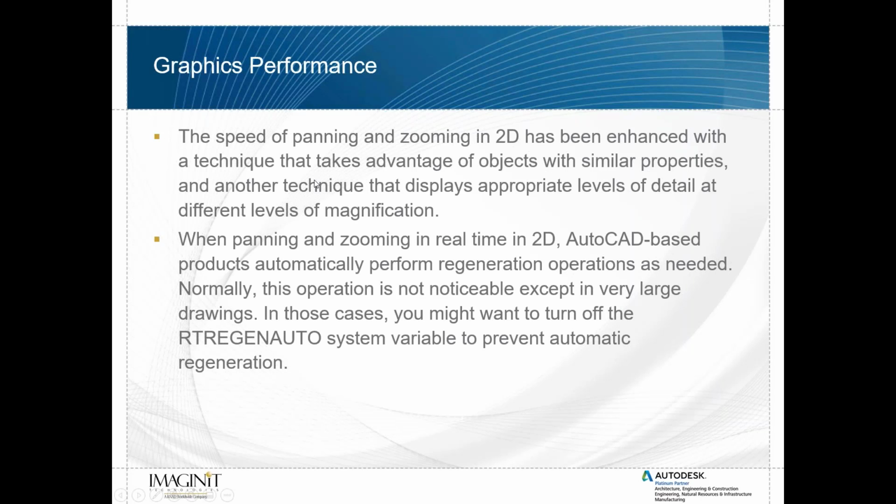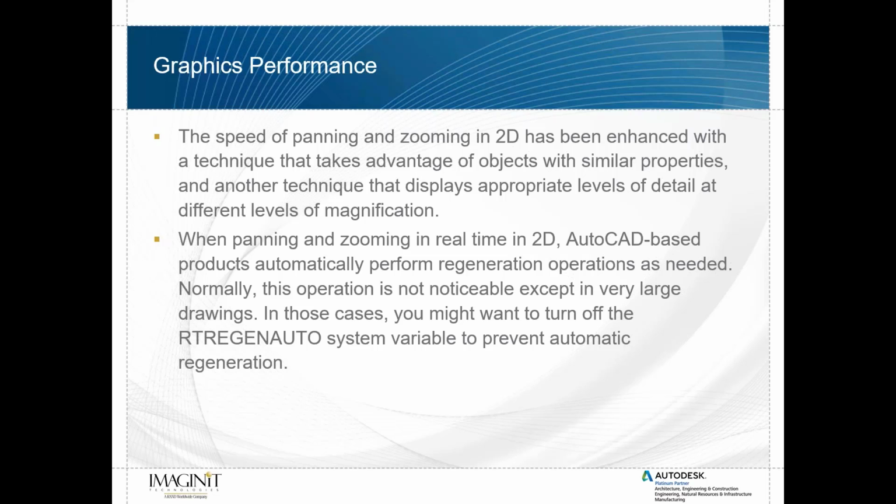Okay, moving on, graphics performance. The speed of panning and zooming in 2D has been enhanced with a technique that takes advantage of objects with similar properties and another technique that displays appropriate levels of detail at different levels of magnification. In panning and zooming in real-time 2D, AutoCAD-based products normally perform regen operations as needed. Normally, this is not noticeable except in very large drawings.